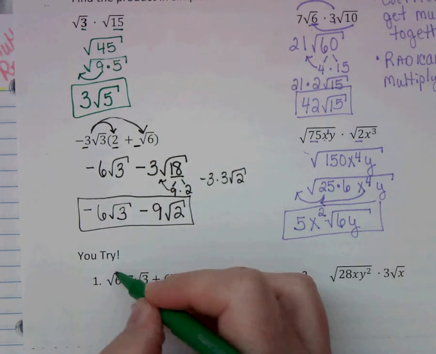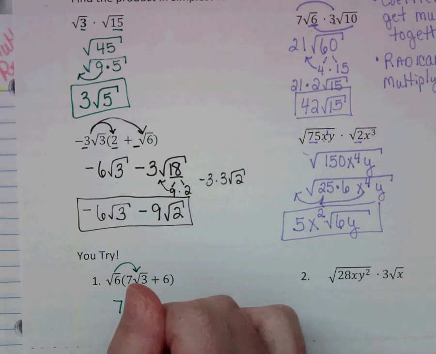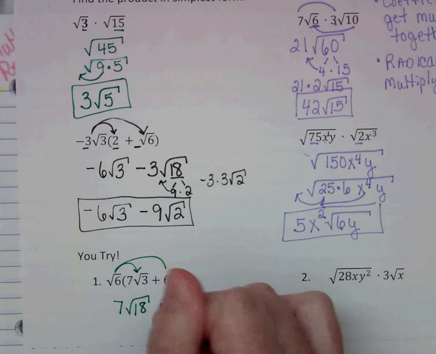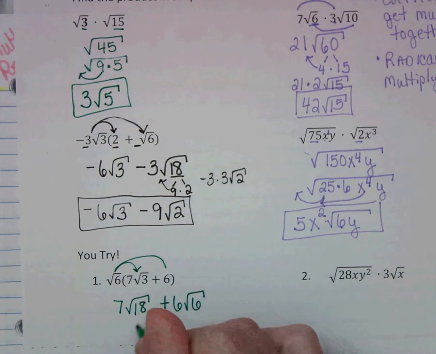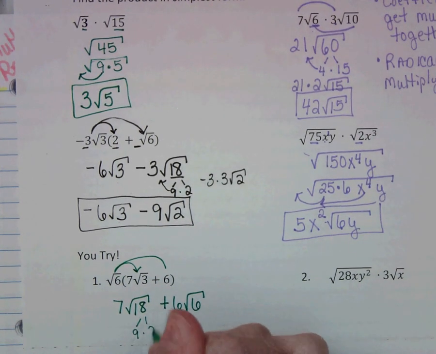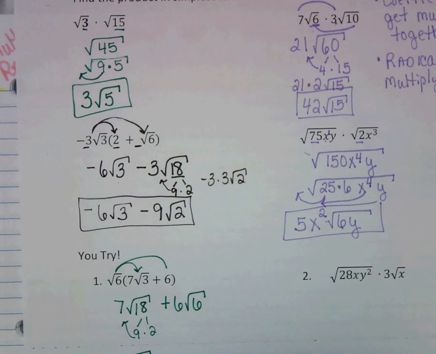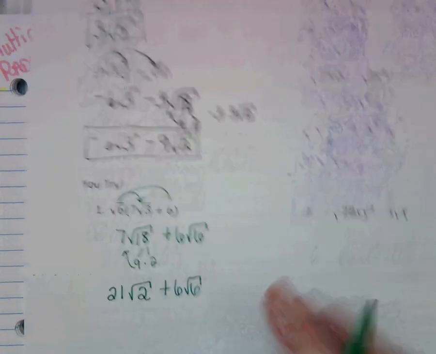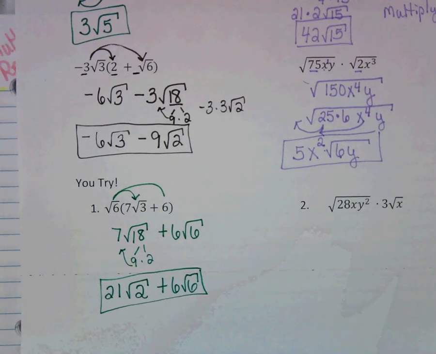Okay, so right here, when we distribute, we would get 7 the square root of 18, plus 6 the square root of 6. 18, though, breaks down to 9 times 2, so that comes out as a 3. And so we have 21 the square root of 2, plus 6 the square root of 6. So did you get that? If you did, give yourself a pat on the back. Yay!